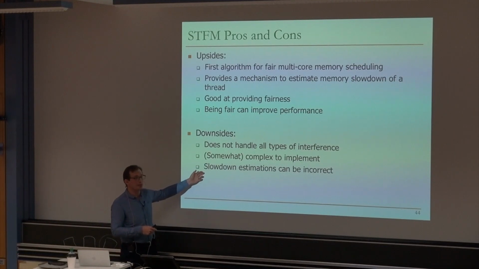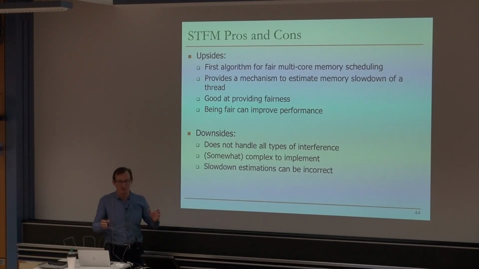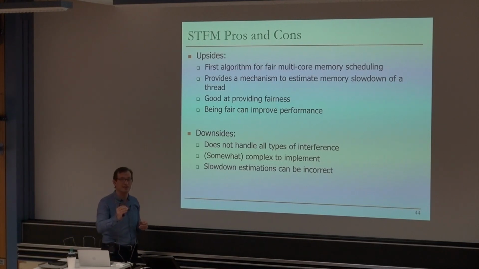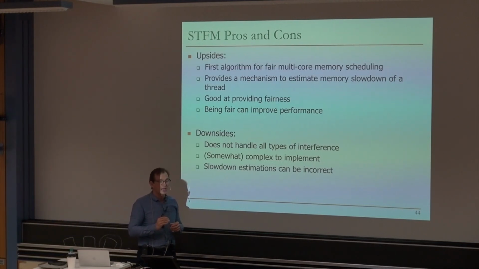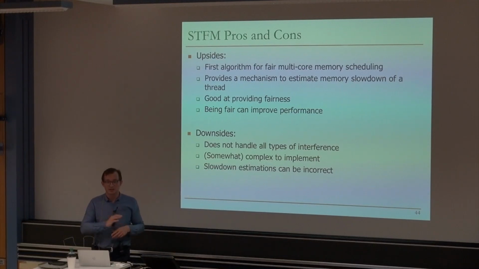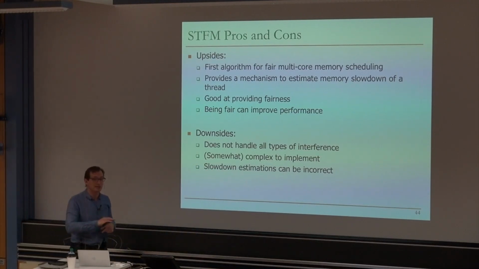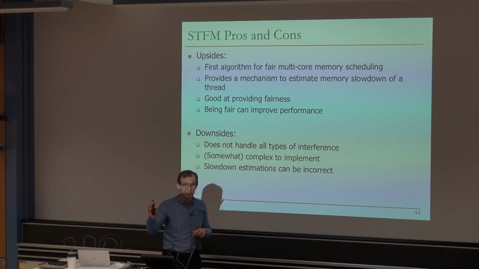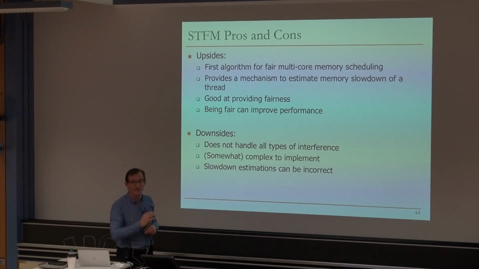So you could, for example, use these slowdown estimations. Let's assume that you had perfect slowdown estimations. You perfectly knew how much you slowed down this thread compared to when it's run alone. That could be a very good way of trying to provide performance isolation, right? Because you know exactly what your slowdown is. You can have a slowdown target for the thread, and you can try to reach that target.